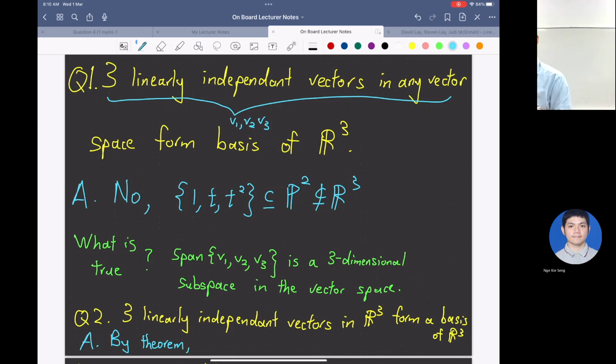By theorem, n linearly independent vectors form a basis. So three linearly independent vectors, three and three. That means every column has a pivot, every row has a pivot. So they span and are linearly independent.